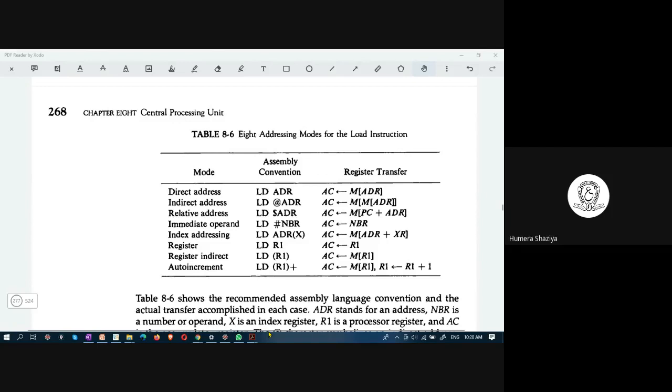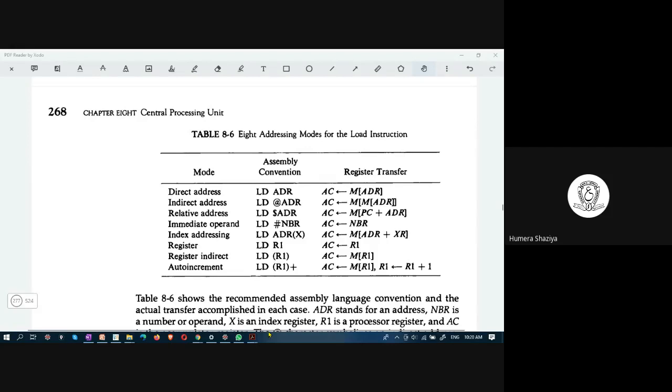There are different conventions used. Here, the meaning is also given. Direct address: LD ADR. LD is the instruction, ADR is the address in memory, which evaluates to AC equal to M of ADR.